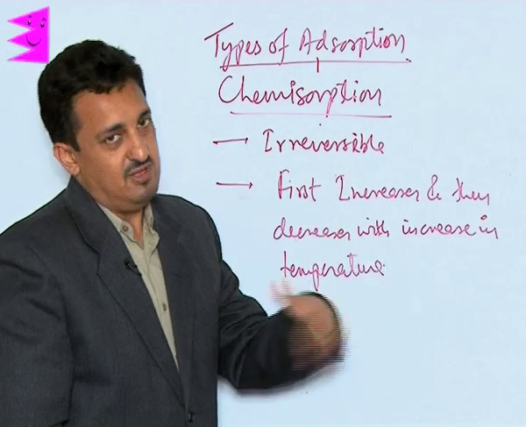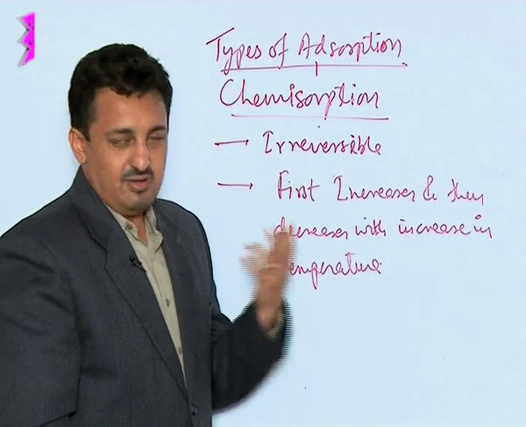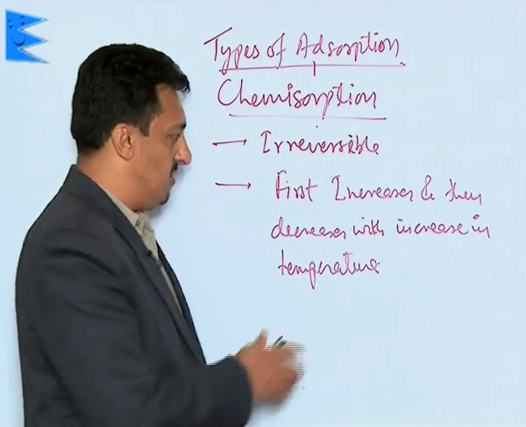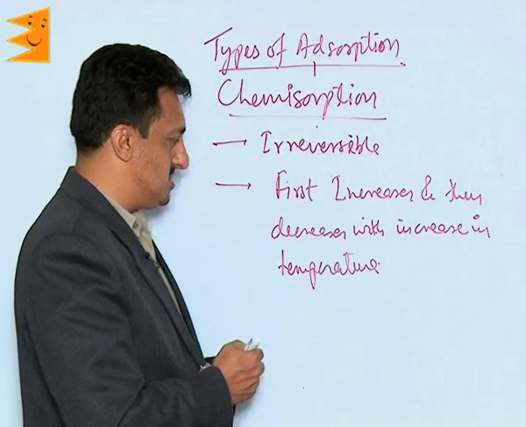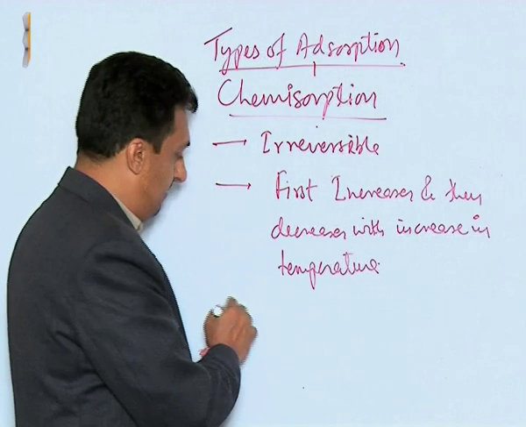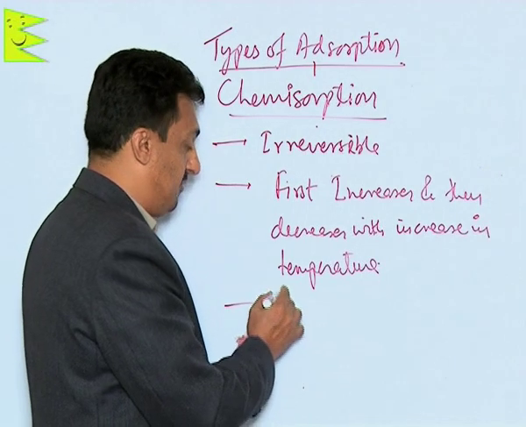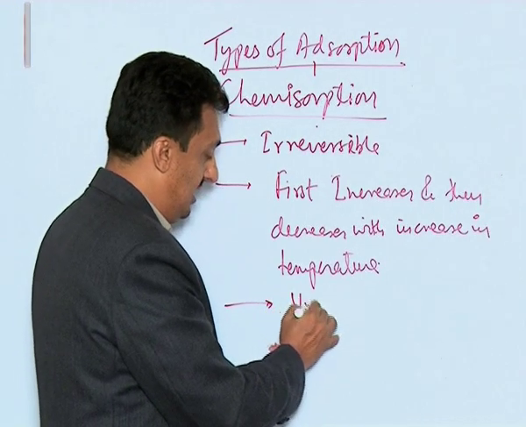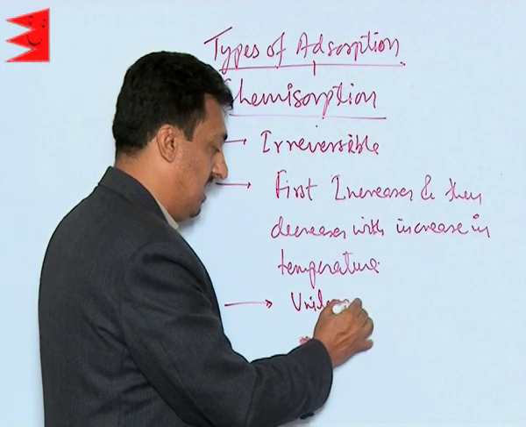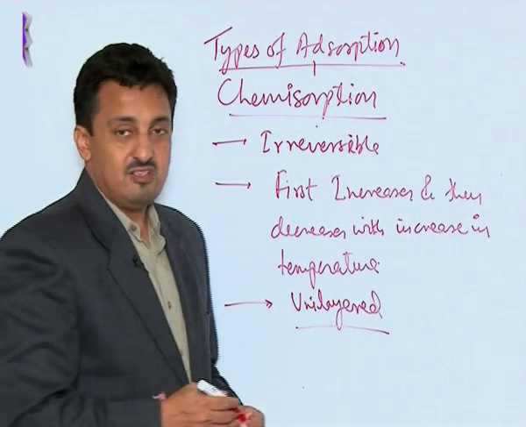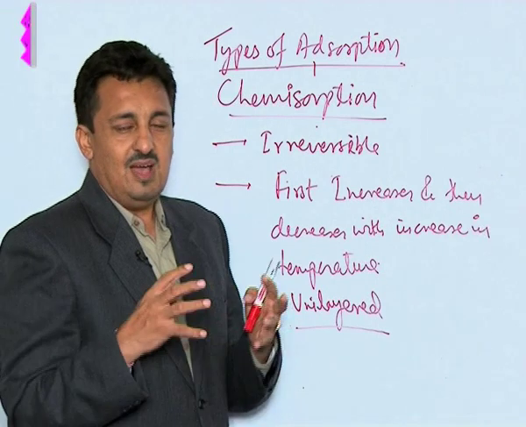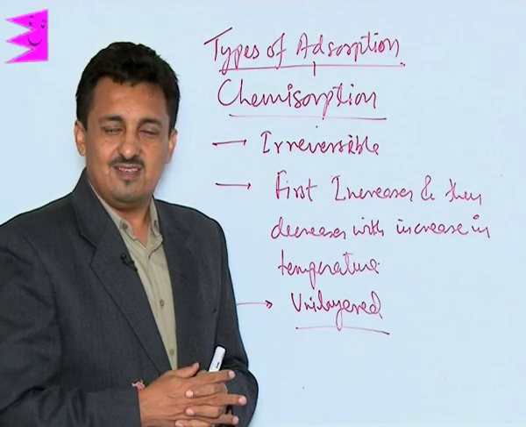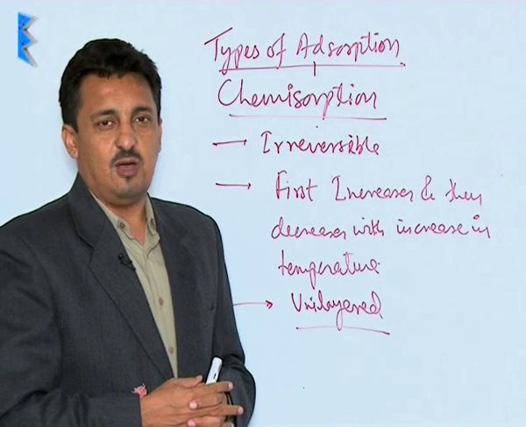Then beyond a certain temperature, it starts decreasing again, because desorption starts going on. So it first increases and then decreases with temperature. Those are the basic points in this case. And remember, this type of adsorption is always unilayered, single layered, because it is highly specific. So this is what chemical adsorption is. Now, after understanding these two, let us understand Freundlich's adsorption isotherm.